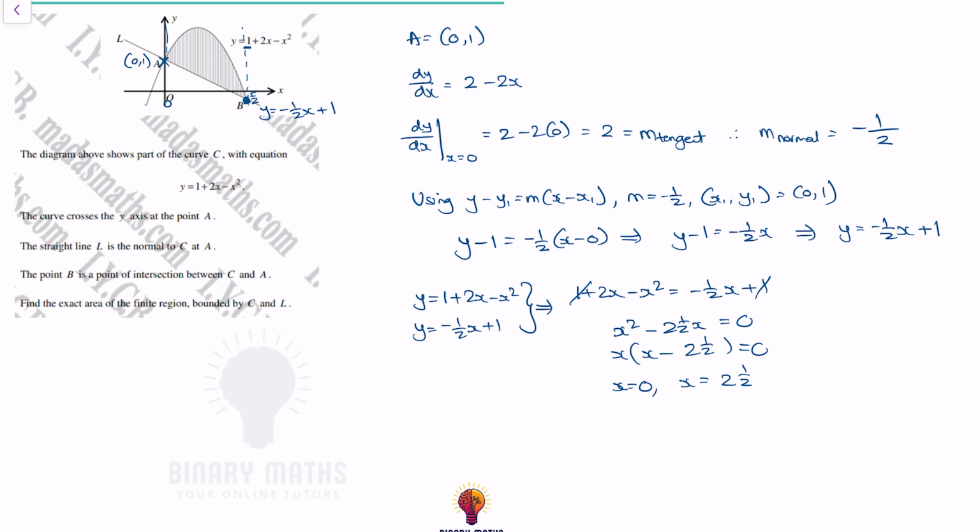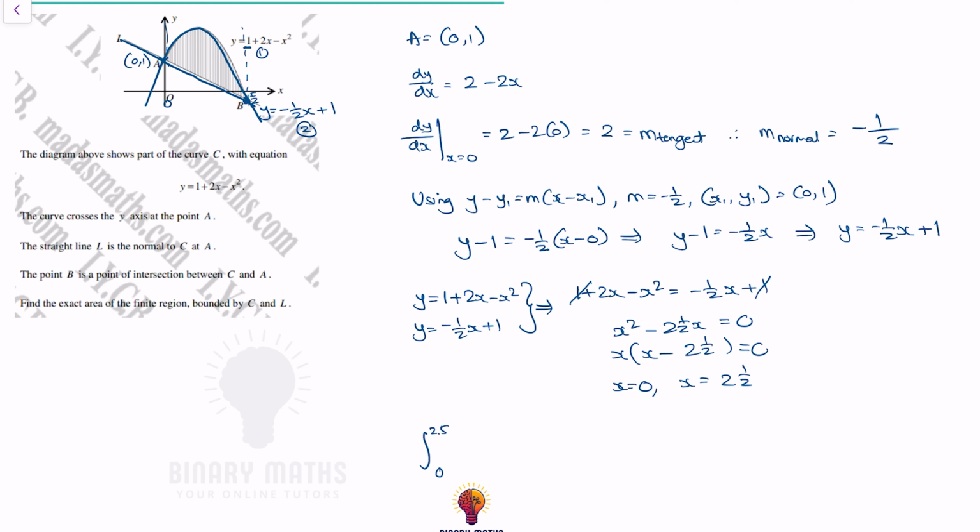I can do the area under the curve, equation 1, take away the area under the line. This is fine because there are no intercepts in between. So I need to integrate between 2.5 and 0, preferring to write 2.5 on top.